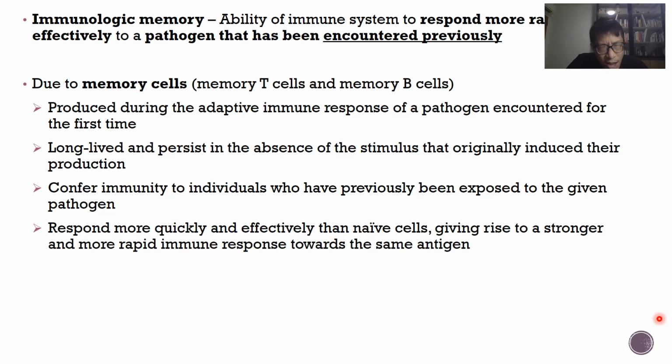The memory cells are produced when the adaptive immune system responds to the pathogen for the first time. Recall how the naive cells are activated, and after activation they undergo clonal expansion. In the pool of cells, be it T cells or B cells, some would differentiate into memory cells, which would persist in the body even after the pathogen has been cleared at the end of the first encounter.